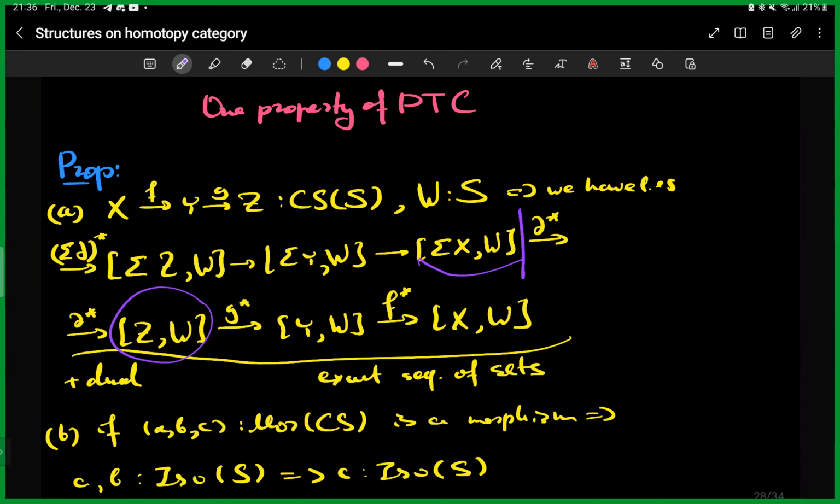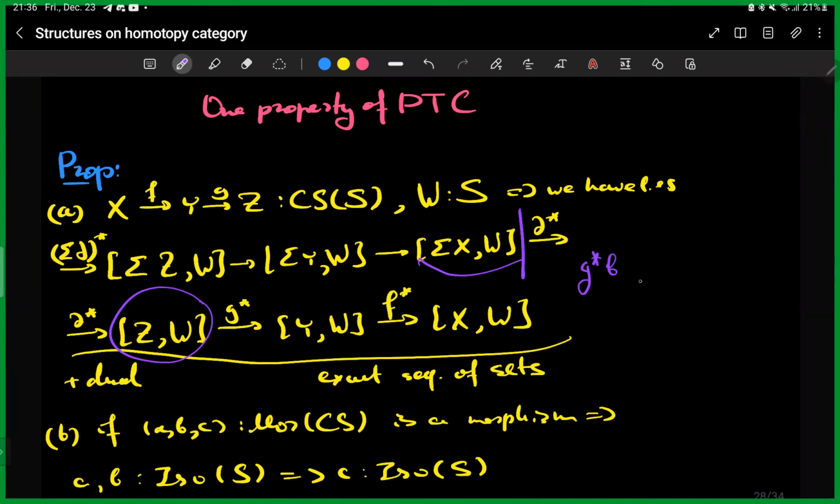And another result, which also follows just from axioms of pre-triangulated category, yeah. What does exact sequence of sets mean? Let me write this down. In one term, it means the following.